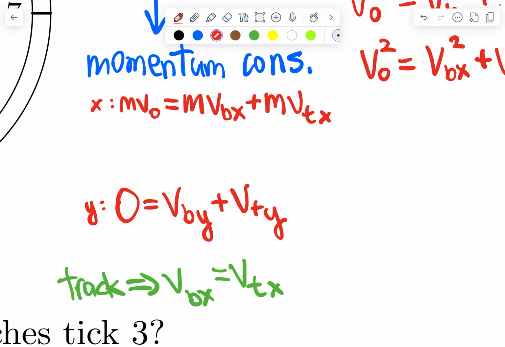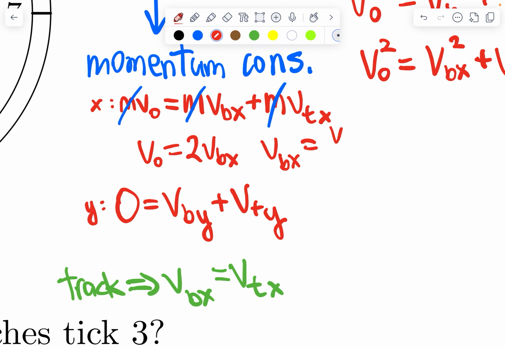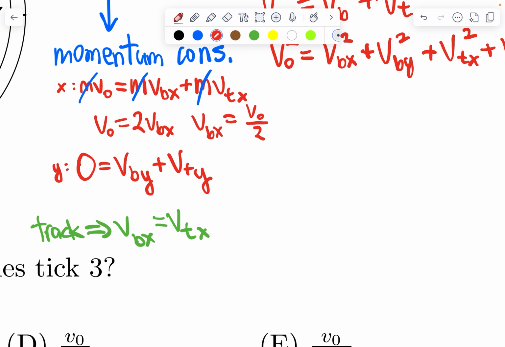So first of all, we can cancel all the m's in this equation. v naught is equal to vbx plus vtx, which is just 2 times vbx. So vbx is equal to v naught over 2, okay, and that is also equal to vtx.